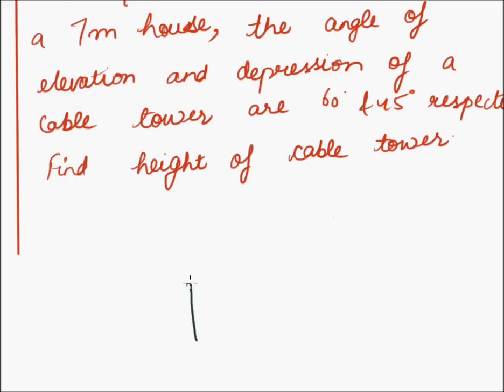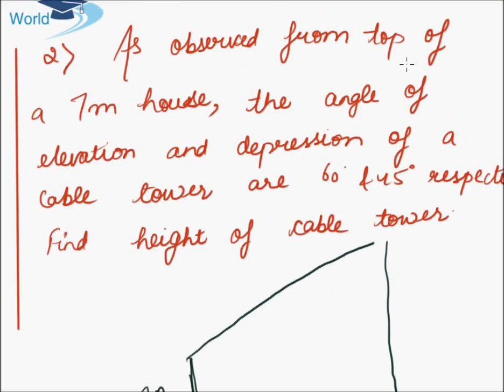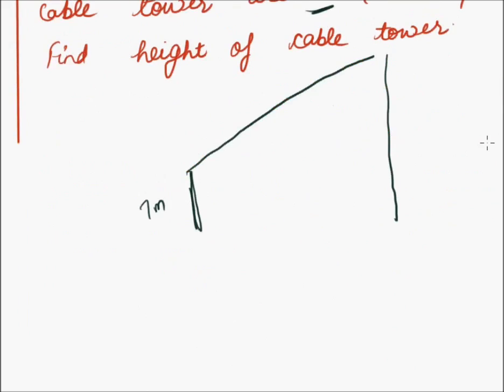Friends, we have a house, a 7-meter tall house. We have a tower. The angle of elevation to the top of this tower from the top of the house is 60 degree.